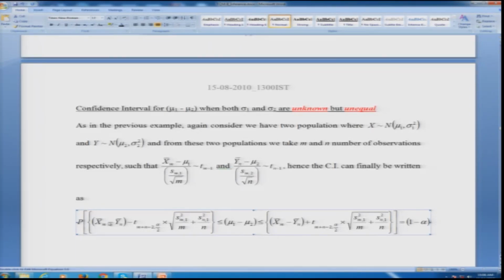Where the similarities are, on the left hand side, the lower limit is the difference of the sample means. The T distribution has a minus because it is on the left hand side.